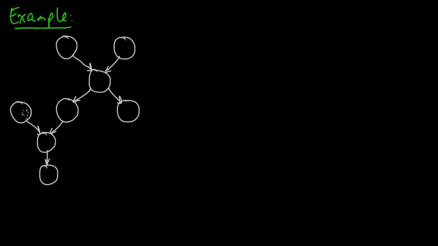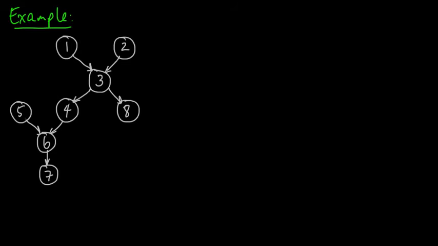And let's number these vertices. So this will be 1, 2, 3, 4. We'll keep it ordered. I'll make this 5 to keep it ordered, 6, 7, 8, so that lower numbers always precede higher numbers. So this is a nice little graph.